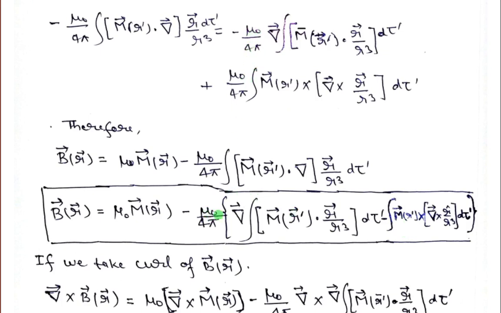So that is minus M vector cross product with del cross r vector upon r cube d tau prime.